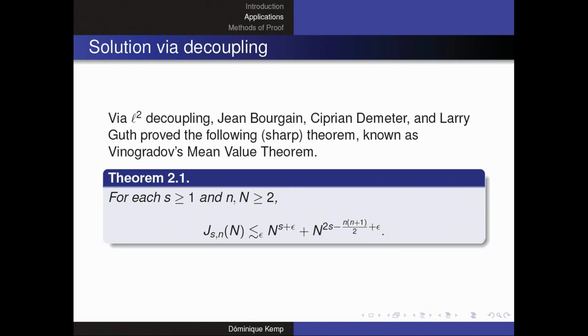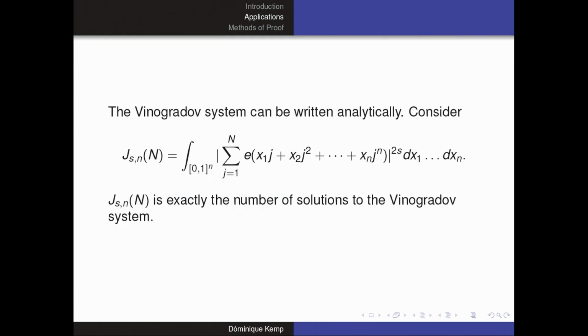Okay, why would this connect at all to decoupling or even exponential sums? Well, that is the gateway, actually. You could write that same number that counts how many solutions there are to the system as an exponential sum. And it's because of the orthogonality properties of exponential sums along the flat torus, or the cube of length 1.